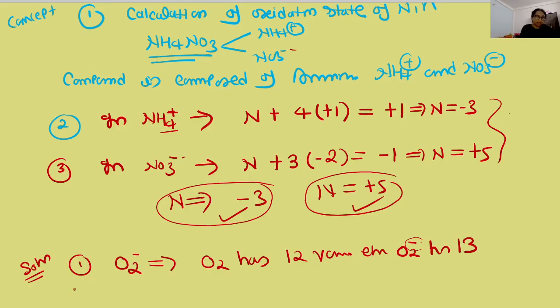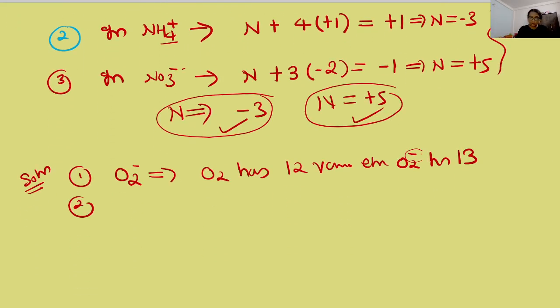Now calculate the molecular orbital configuration. Because O2 superoxide is a molecule, we can write the molecular electronic configuration according to MOT.